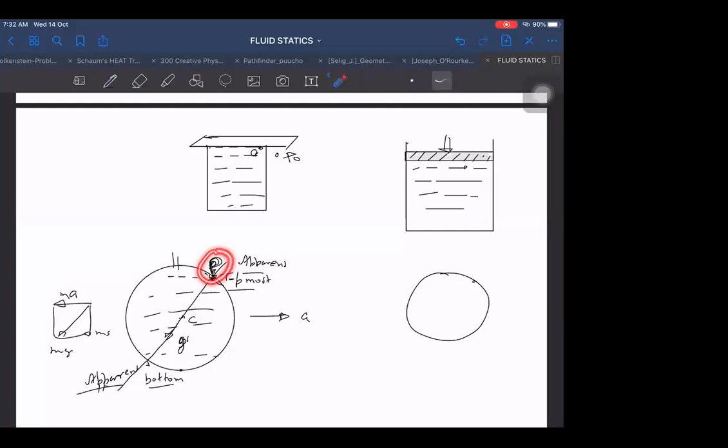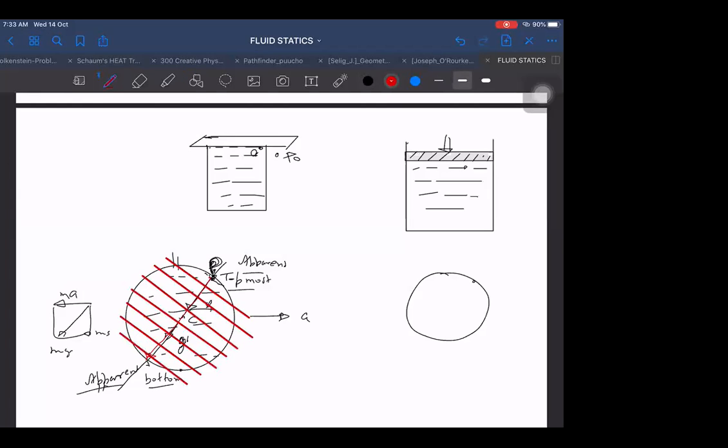If here it is P, then what will it be at a depth h? Depth means, as I told you before, in the direction of the apparent vertical. In that direction, when we go, it is P plus rho g h. Lines perpendicular to that will be apparent horizontal lines, these are same pressure lines.